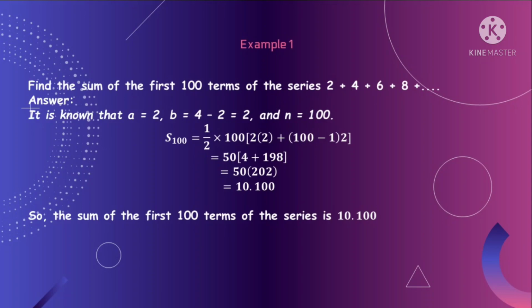So, the sum of the first 100 terms of the series is 10,100.